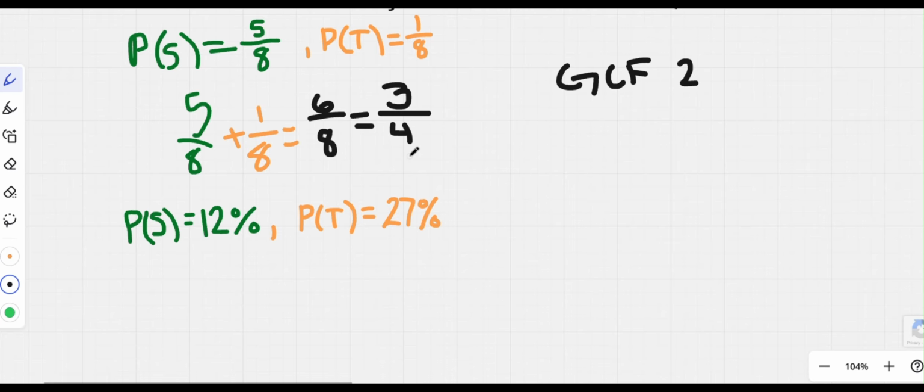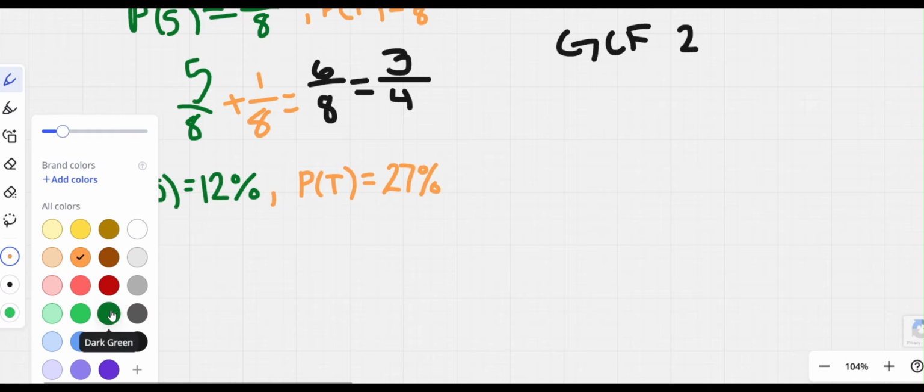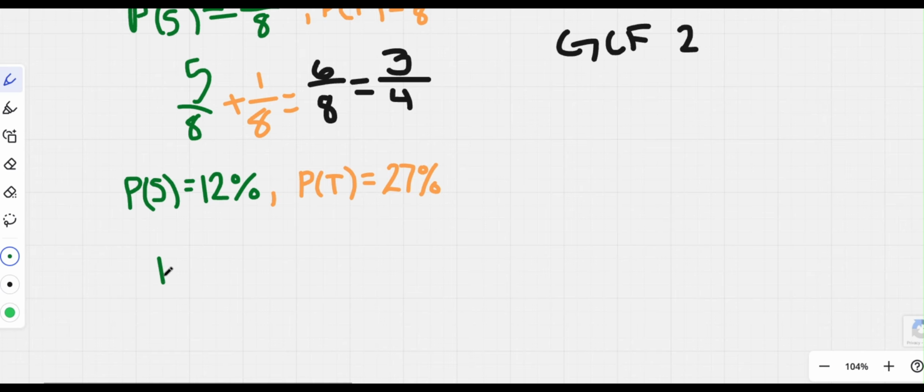For this next problem, since they're mutually exclusive, we're adding the two together. So P of S, 12% plus 27% is equal to 39%.